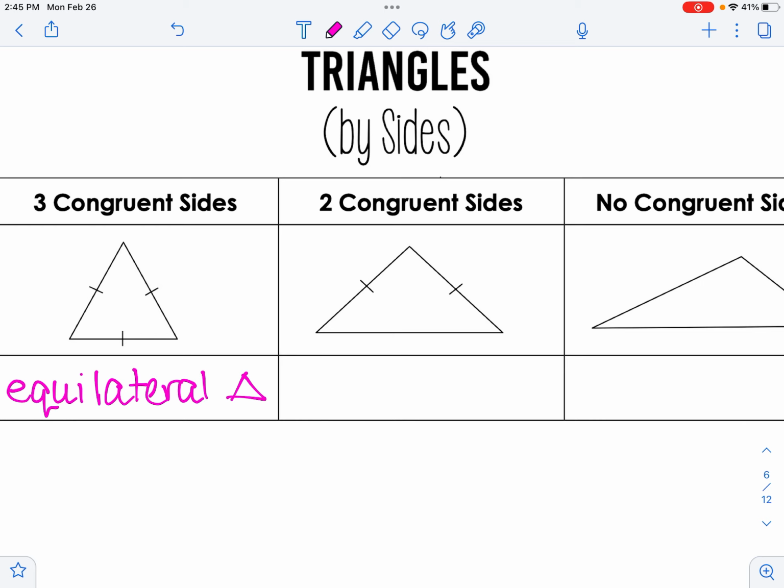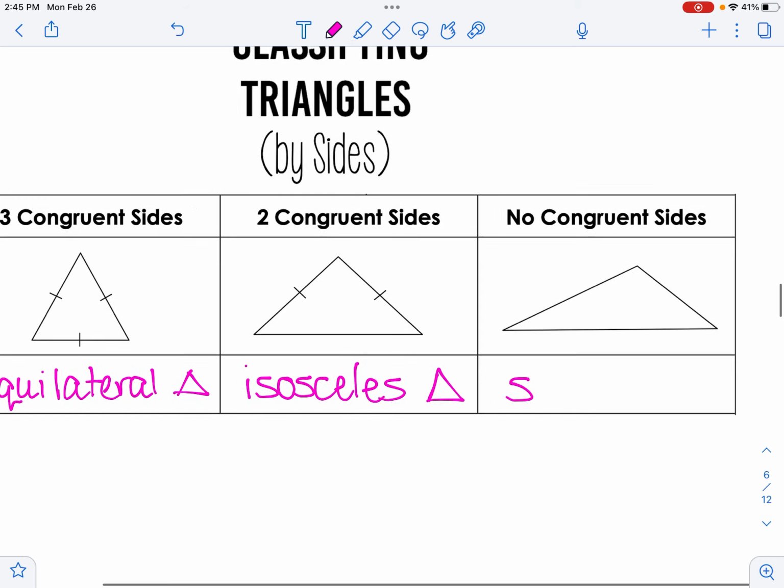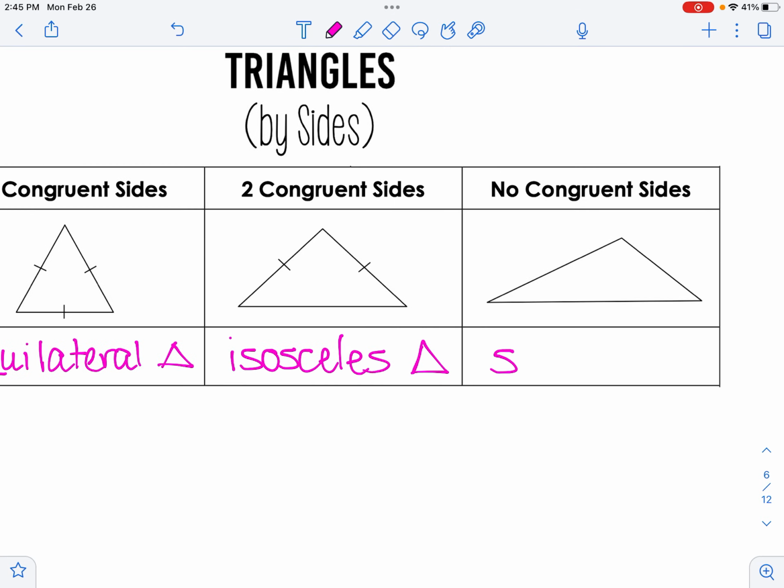If there's 2 congruent sides, then we say it's isosceles. It's called an isosceles triangle. And then if there are no congruent sides, none of the sides are the same, then we say it's a scalene triangle.